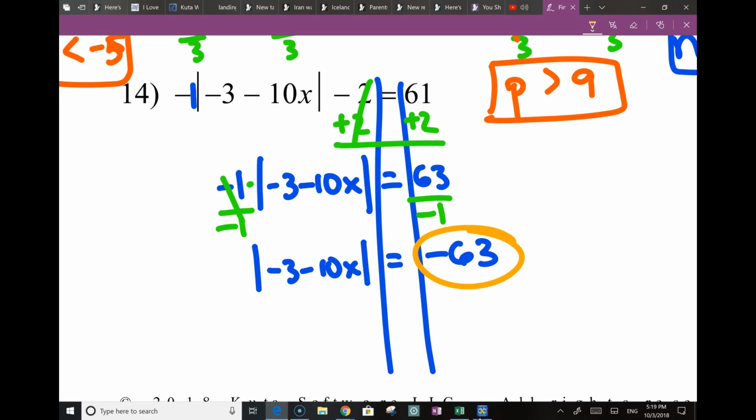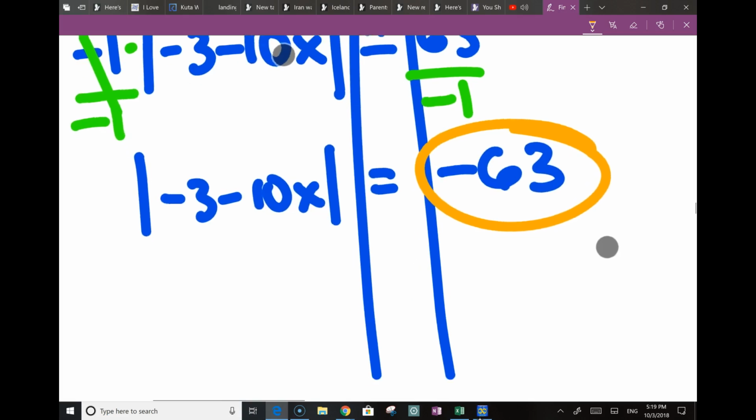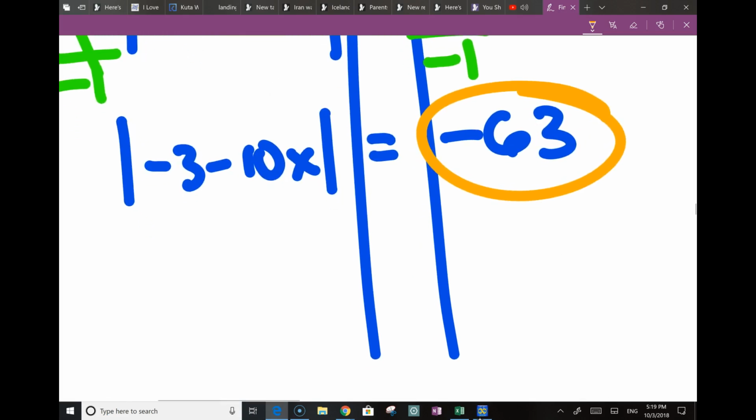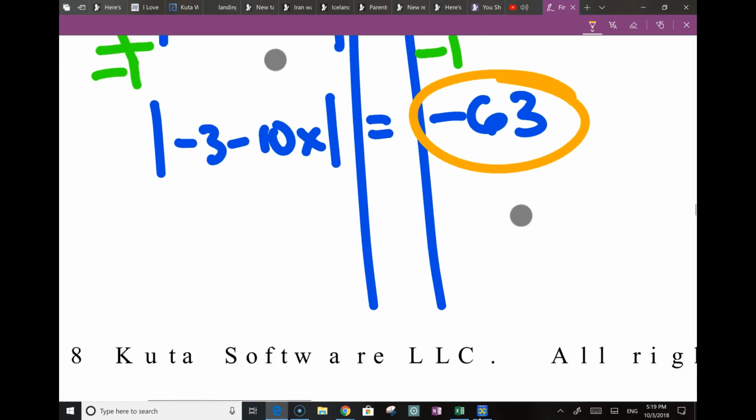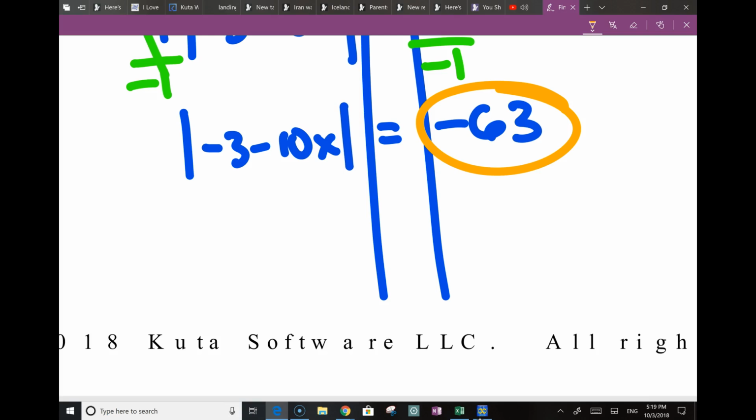So this -63 being there, this is telling me that I am -63 spaces away from 0. And that right there is a problem, because you cannot be -63 spaces away from anything. I could be 63 spaces away, but I don't know how to be -63 spaces away. It just does not exist. It's not realistic.